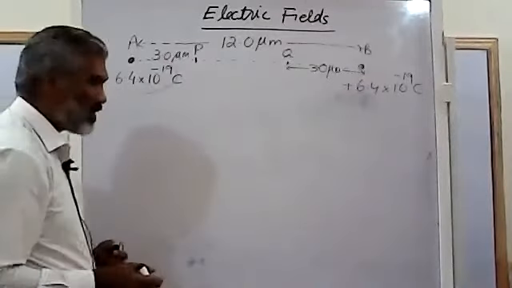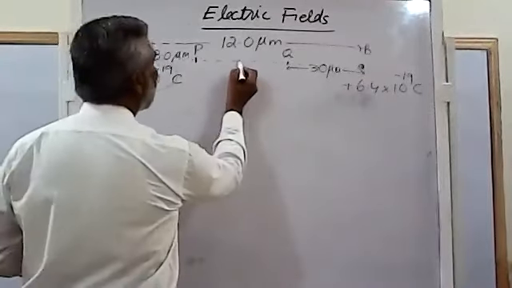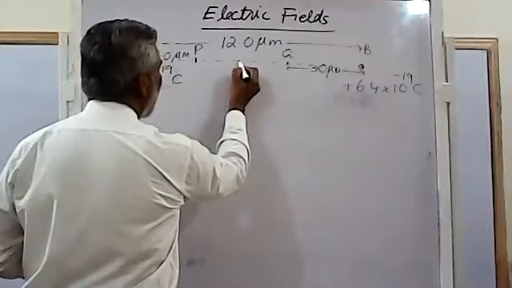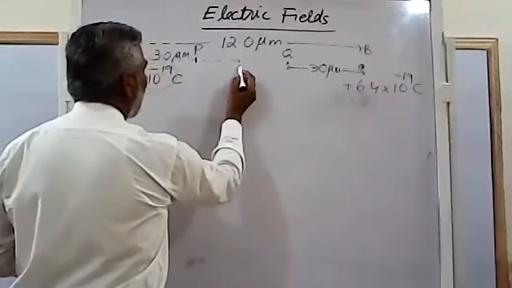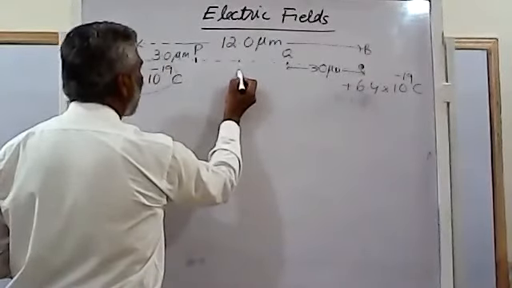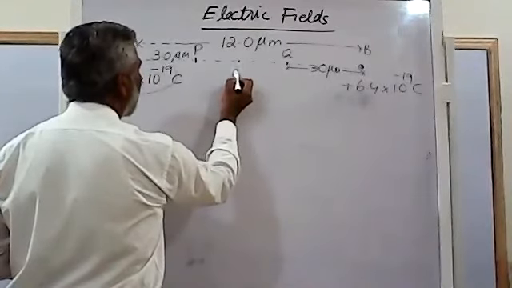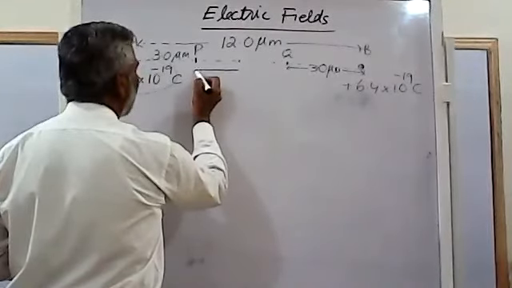The question is, what if I start exactly from the center and move an electron from this to this position?